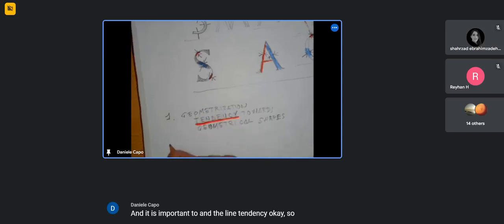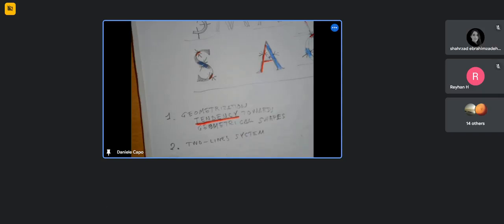So, we have the two-line system. Three, we have the contrast.